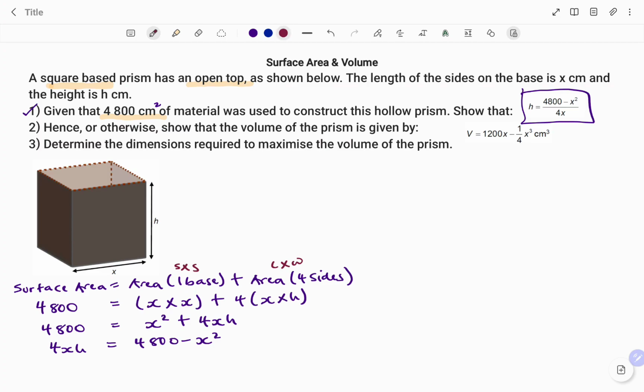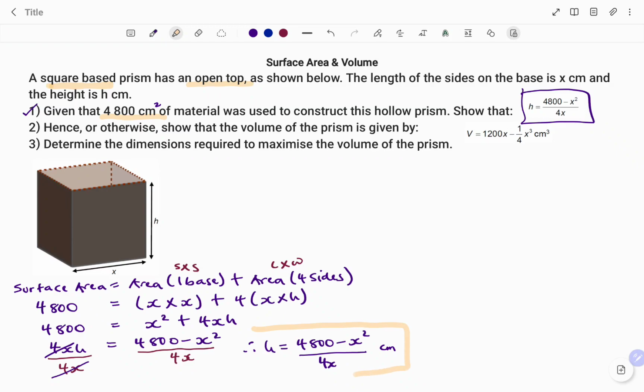And if we divide both sides by 4x, that will be 4x over 4x, that's 1. Therefore, the value of h equals (4,800 minus x squared) divided by 4x, and that will be in centimeters.